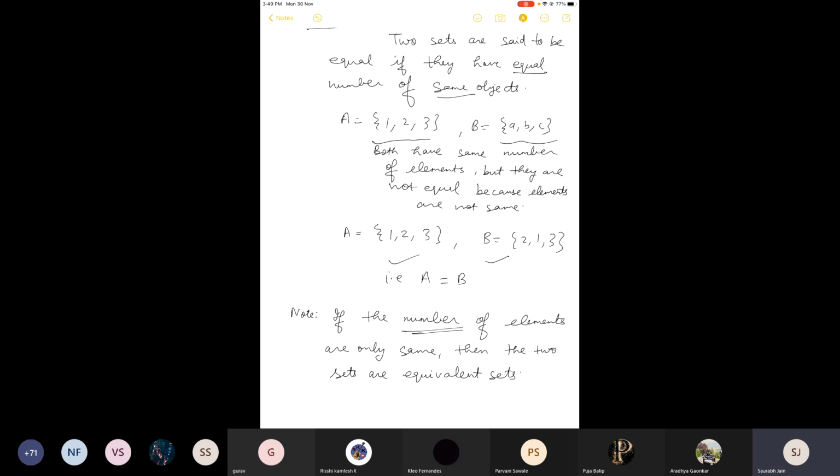Another name for them. So in the first example, A and B are equivalent sets. Why? Because both of them have the same number of elements. Very simple definitions, just go through them once. Here, in the second example, they are equal sets.